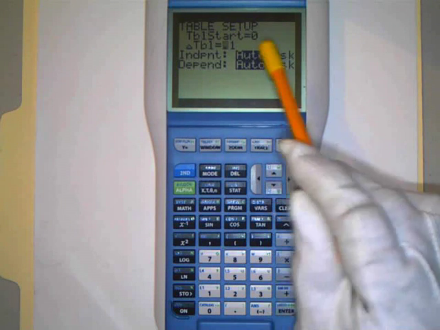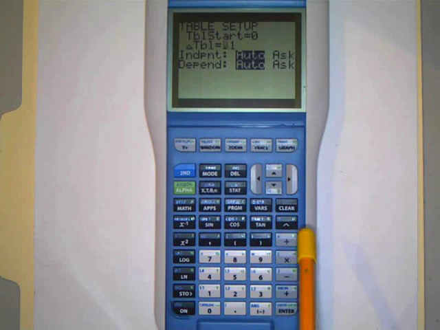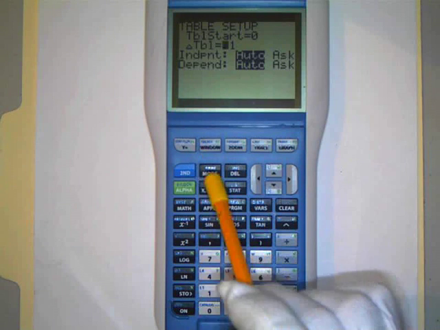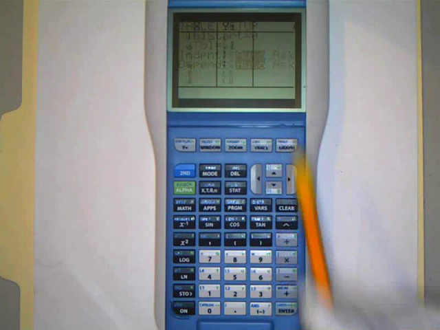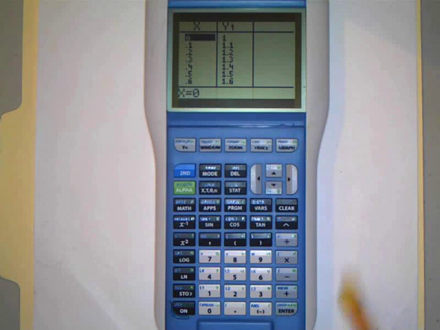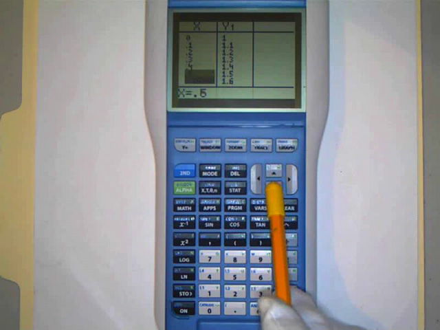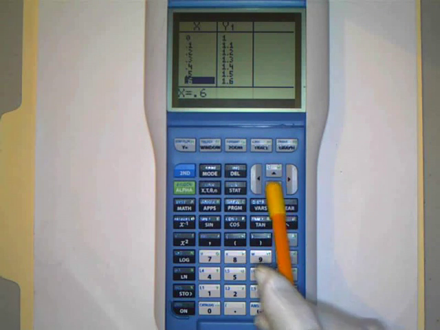Now these are automatic. If I had set it to ask, I would have to push the little arrows down to get values, but since this is automatic, it will compute as long as I want. So I go to second, table, and I see my table right above graph. These are the values of x: 0, 0.1, 0.2, 0.3, 0.4, and these are the values of y. You can see as x gets bigger, y gets bigger, until I get to x equals 1.